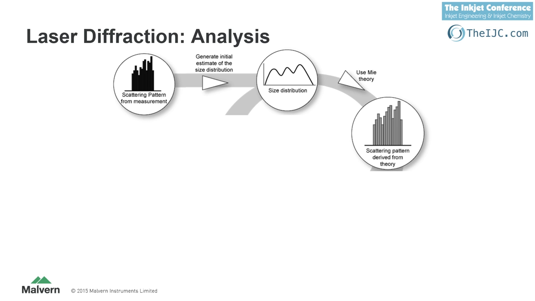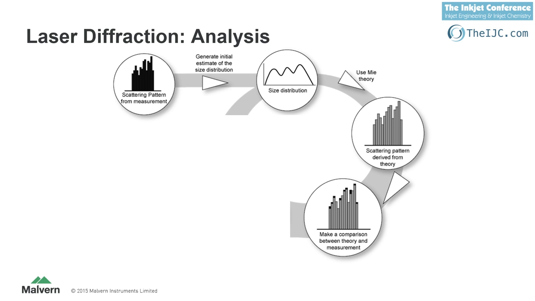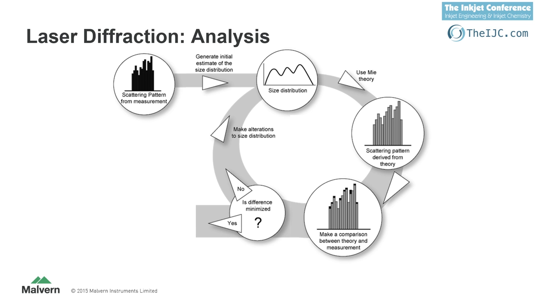And we can compare that theoretical scattering pattern to the one that we've measured in the instrument. By looking at the differences between the measured and the theoretical data, we can adjust the size distribution until those two match as well as they can. We get the best fit between the two sets of data, and then what we report is the size distribution. So thankfully, when you're using one of these instruments, you don't see all of this going on, that goes on in the background. You don't have to look at it.